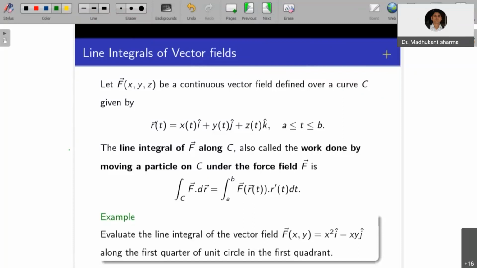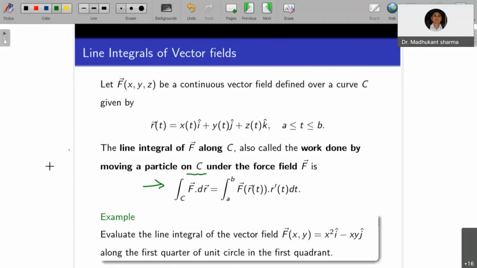We have also seen one application of the line integral of a vector field: it can help you calculate how much work is done when a force is applied to move an object along a given curve C. There are various ways to represent this total work done.